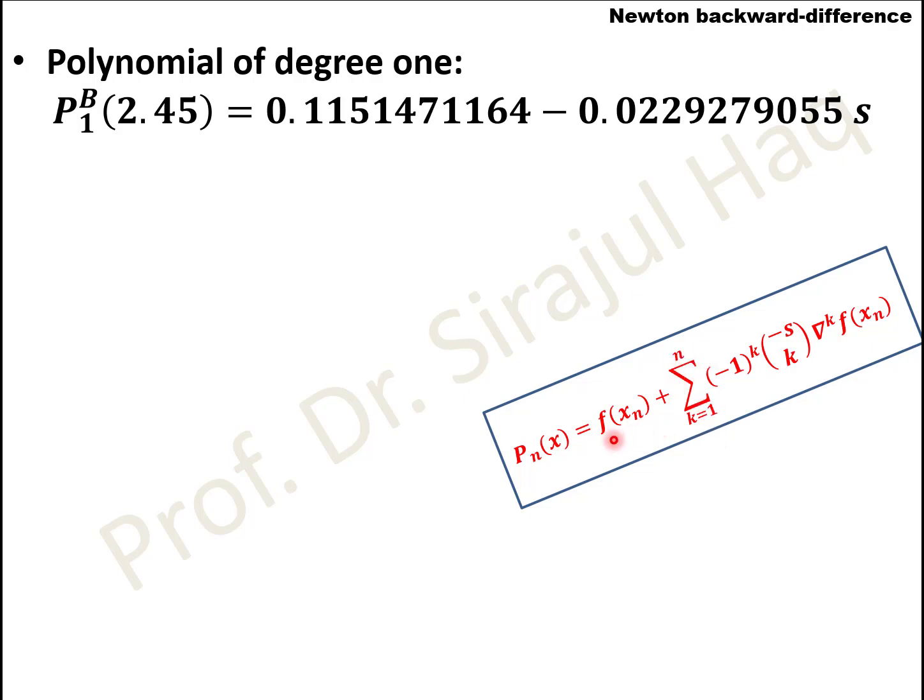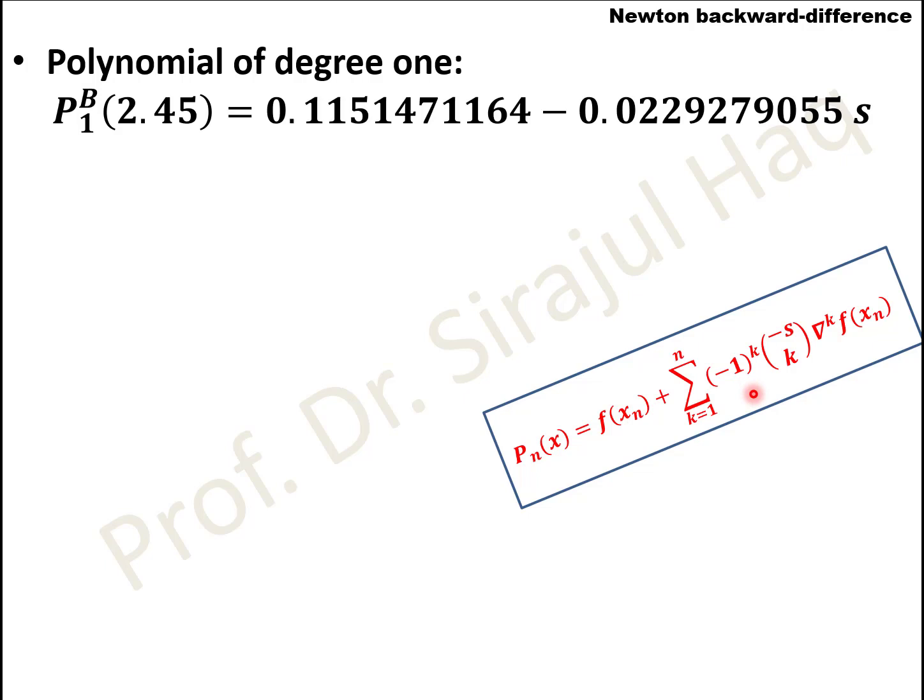F of xn, the value of n is equal to 5. The xn is equal to 5 in your data. But since I'm going for the summation 1, this is different from the polynomial, and this is the last point. So slightly, this depends upon the degree of the polynomial. This is linked with that one, but this will be fixed already. F of xn was f of x5. That's the end point of the interval, as I told you before.